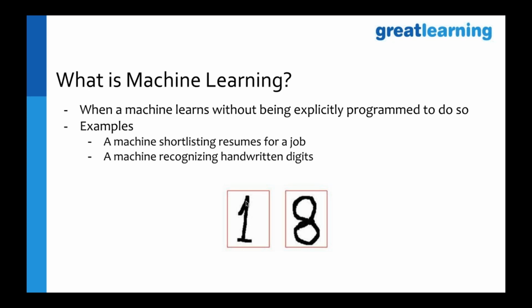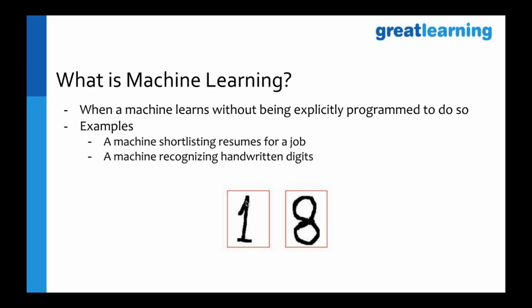Here again, we are not explicitly programming, because it's very difficult to explicitly program all the ways in which human beings will write 1s. Whereas if you have that data and you have spent some time classifying it manually, then you can feed all the data into the machine, and the machine can learn from it and figure out how people write 1s.